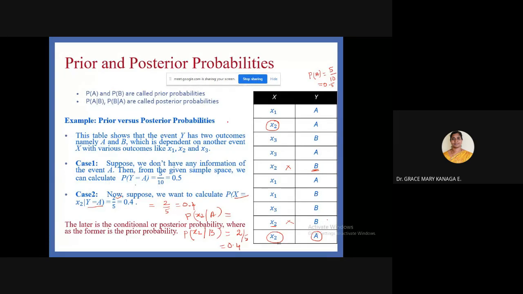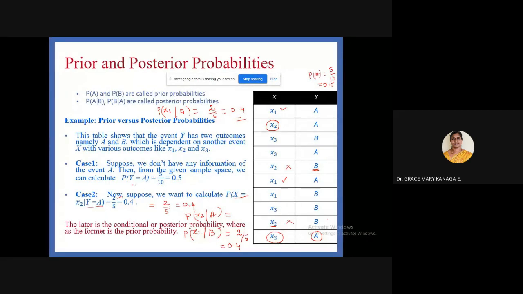Now we'll calculate the probability of X1 given A. Can you tell me the value for that? So X1, this one we have to consider, this one we have to consider. So only 2, right? Again this is also 2 by 5, that is equal to 0.4. Got it? So this is how we calculate.